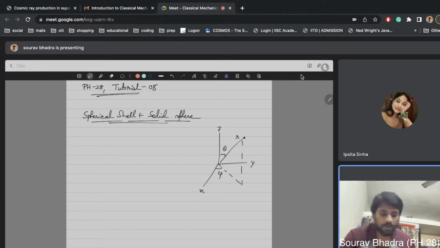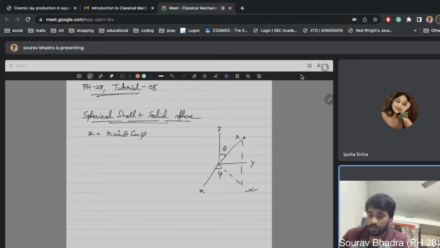Maybe I have not drawn this figure accurately, I have not given much attention to x, y, z and r, theta, phi. As you all know, x is actually written as r sin theta cos phi.